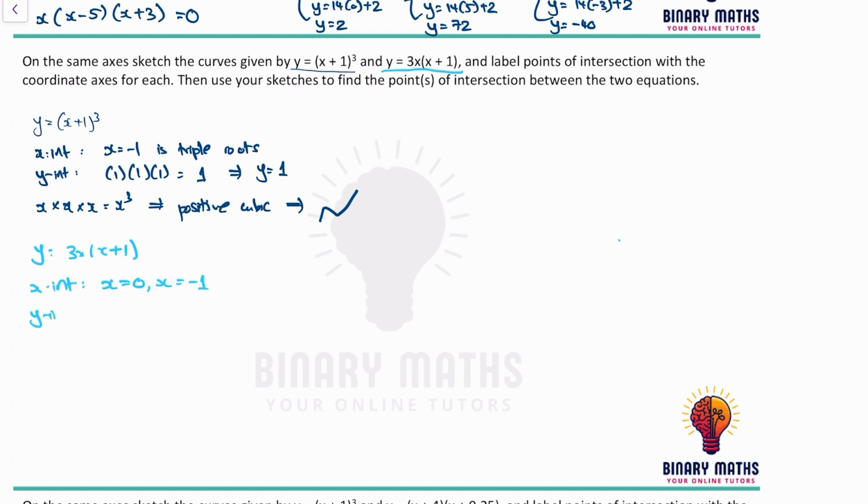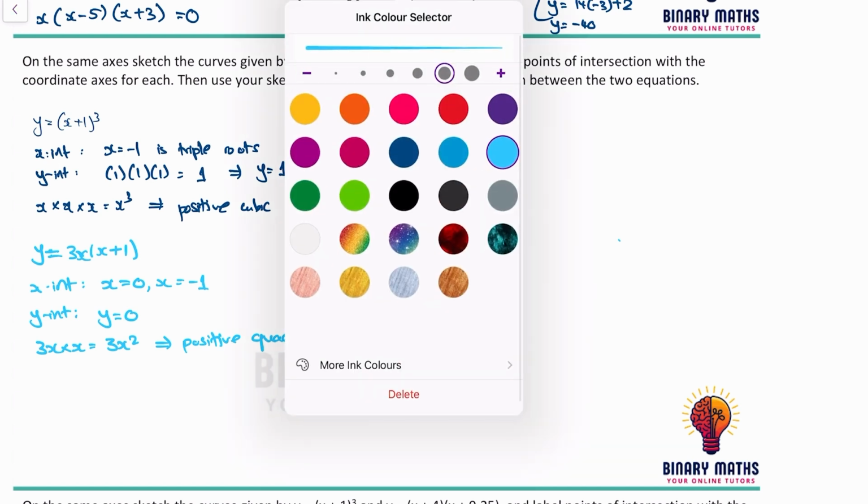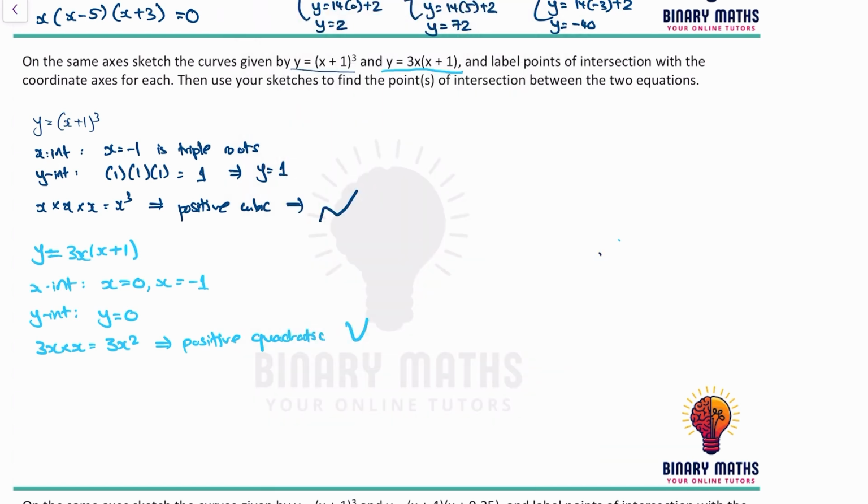For the y-intercept, if you expand y is equal to 3x times x plus 1, you don't get a constant term. So y is equal to 0 is your y-intercept. And because you've got 3x times x is 3x squared, it's a positive quadratic. So it'll be this way around. Okay, so if I were to sketch out both the graphs.